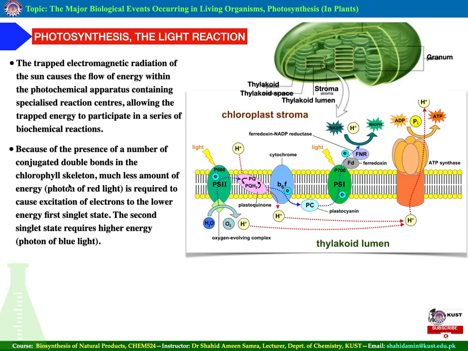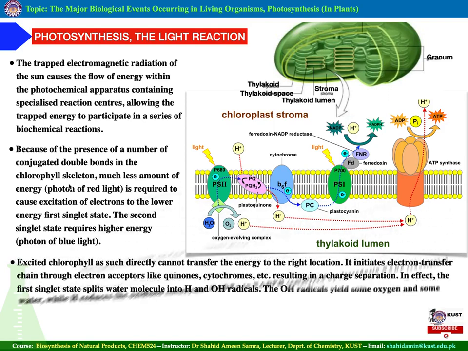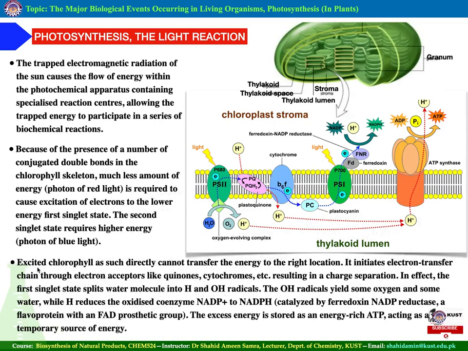When we talk about the first singlet state of the system, the second singlet state requires somewhat higher energy, that is energy 2 in the blue region of light. Now the excited chlorophyll as such cannot directly transfer the energy to the right location where the ultimate reaction will be happening.